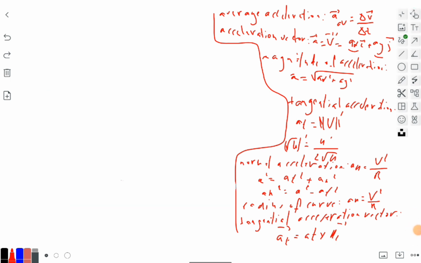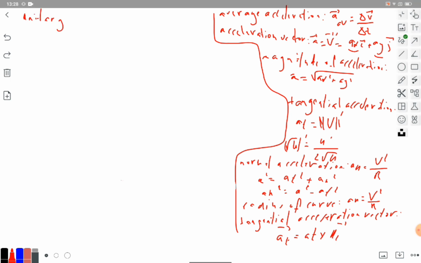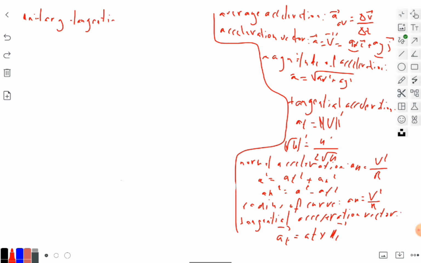Unitary tangential vector, ut vector equal v vector over the magnitude of velocity.